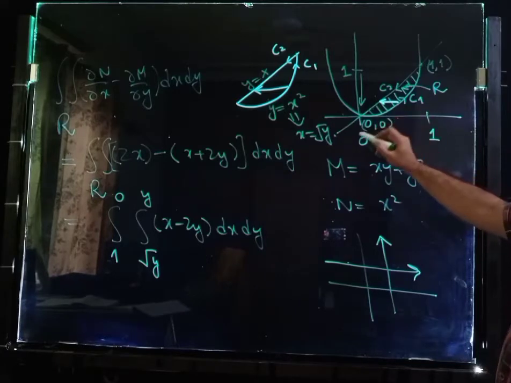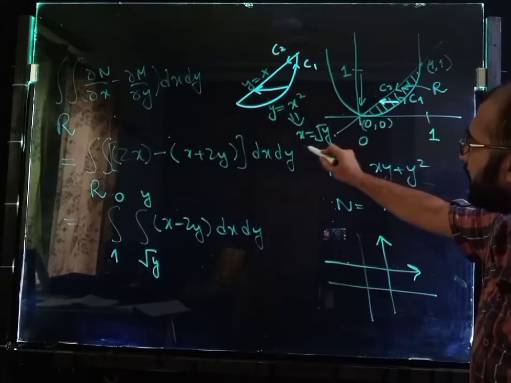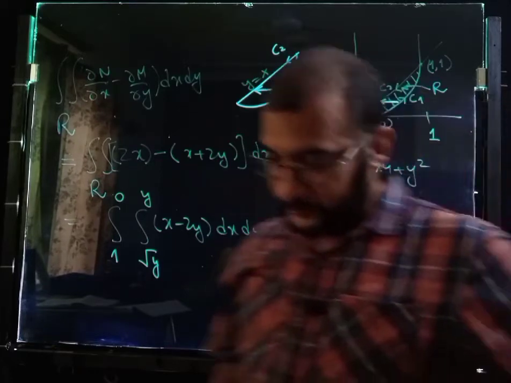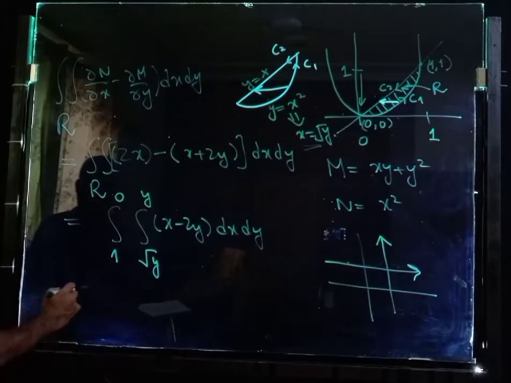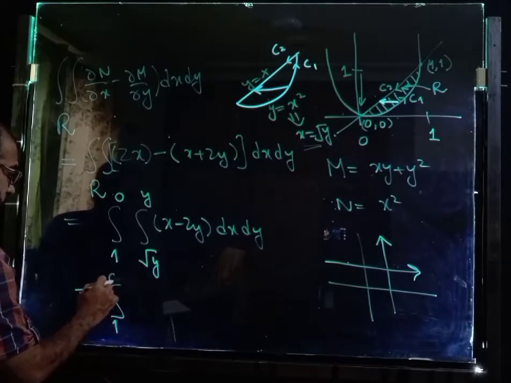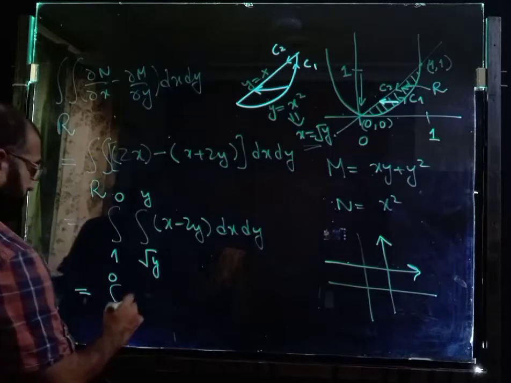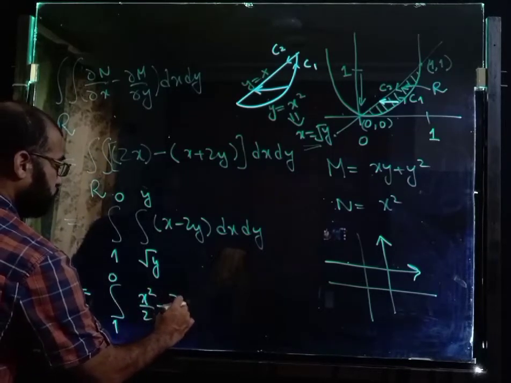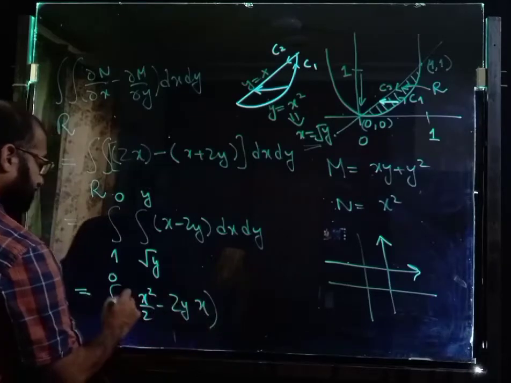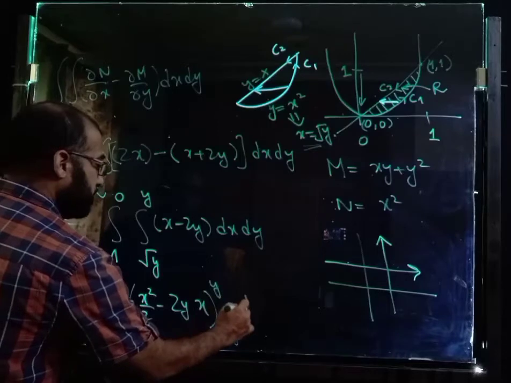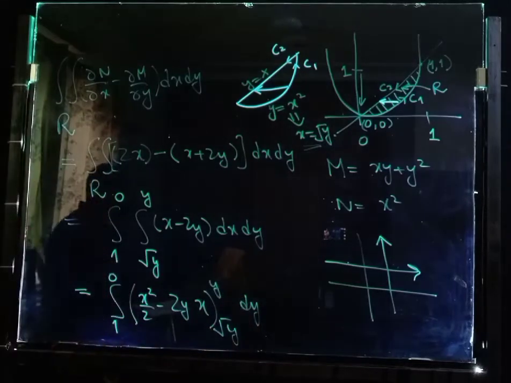So from conversion we get x equal to square root y and x equal to y. So integral from 1 to 0, x square by 2 minus 2yx, from square root y to y, dy.